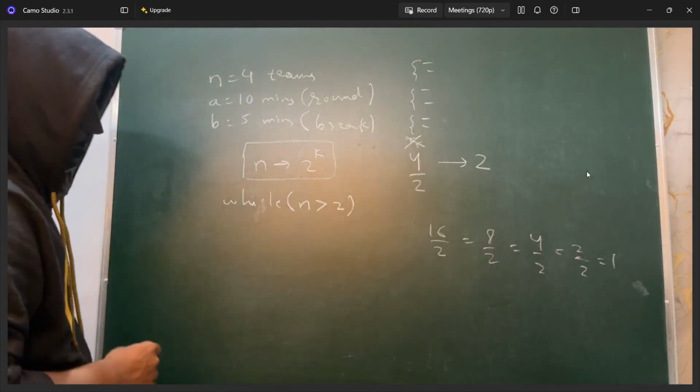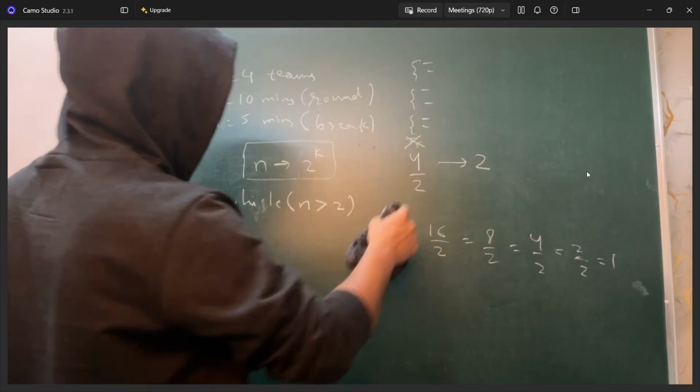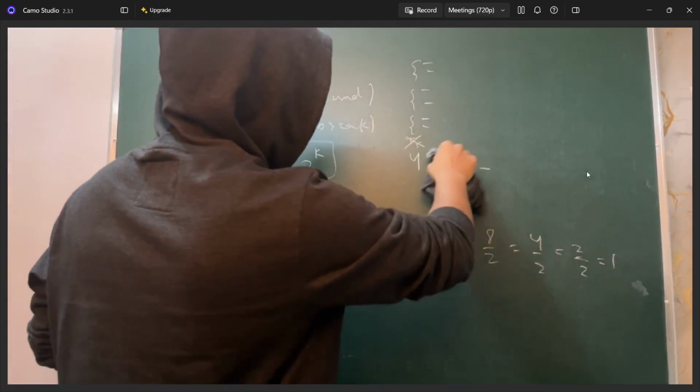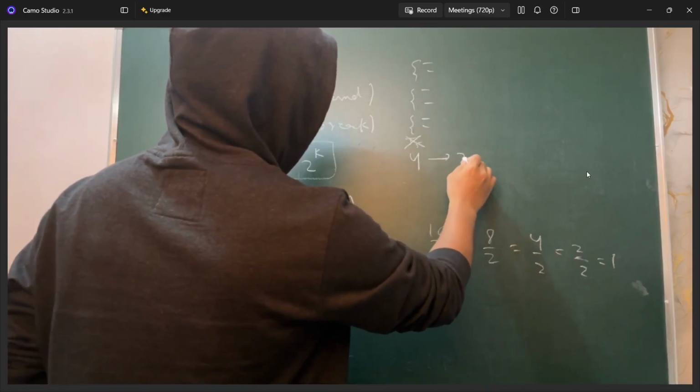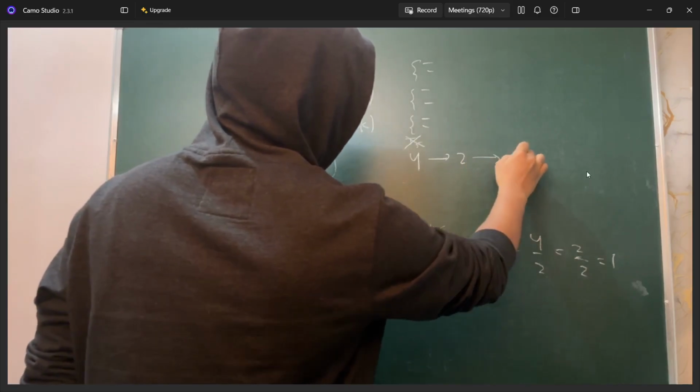So right now, let's say we have 4 teams. In the next round you will be having 2 teams, and in these 2 teams one team will be losing and one team is going to be winning.